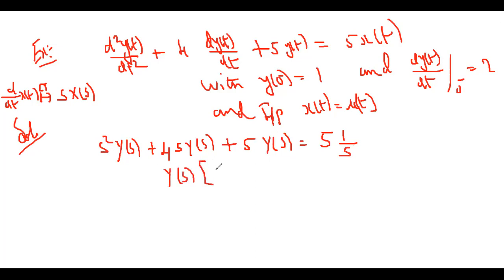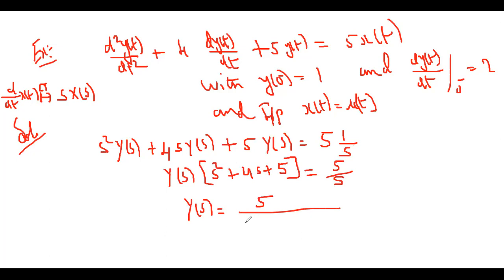Y of s into s square plus 4s plus 5 is equal to 5 by s. Now write this y of s is equal to 5 by s into s square plus 4s plus 5.